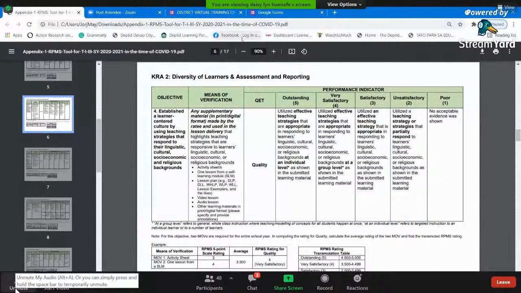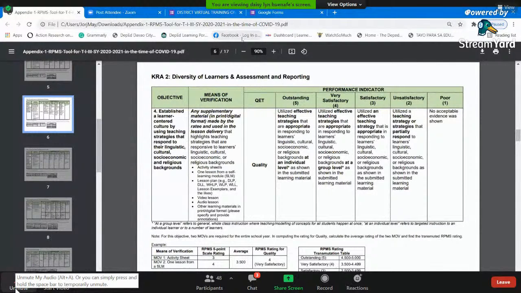Example, a teacher only did activity sheets, with no audio lesson, since it is modular. And then she used one lesson from a self-learning module. The teacher self-rated 3 because she only utilized effective teaching.